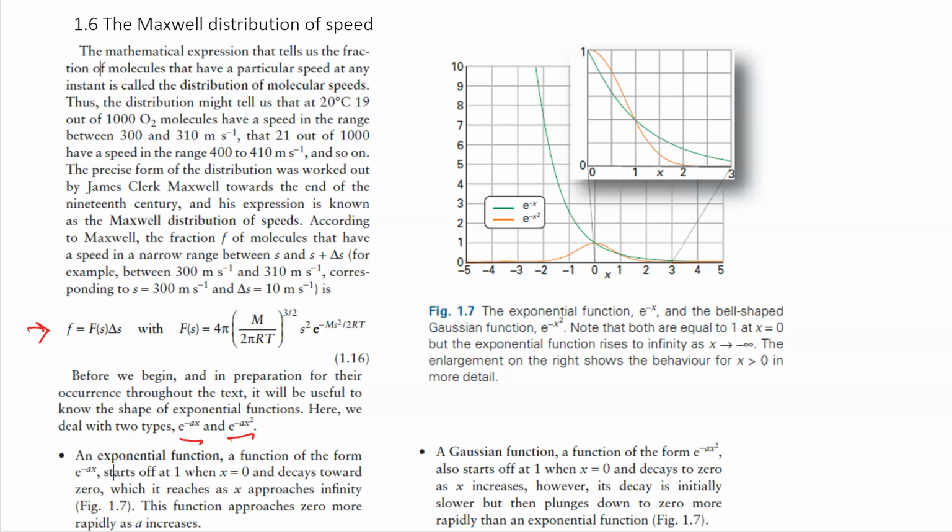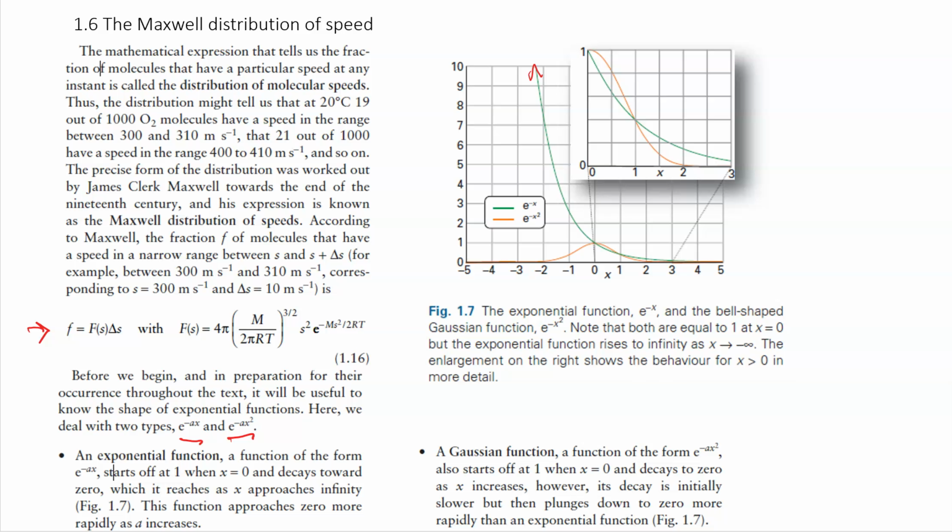This function approaches 0 more rapidly as a increases, because a accelerates the process by adding to the exponent. And we see that in figure 1.7 here, where the green line approaches 0 in a simple exponential function.